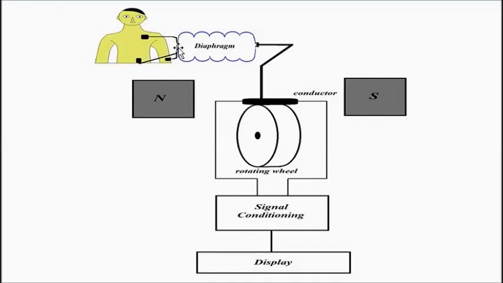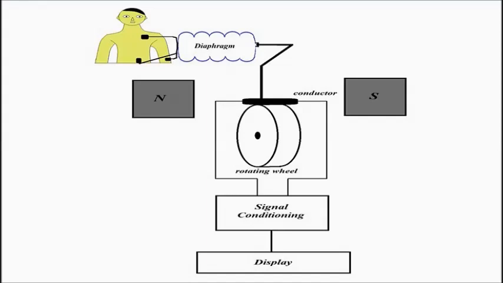When pressure fluctuations happen, the diaphragm undergoes compression and expansion, causing the wheel to rotate. When this conductor passes through the magnetic field, because of Faraday's law of electromagnetic induction and as per Fleming's rule, a current flows through this conductor, which is passed through these wires, then fed to the signal conditioning circuitry.